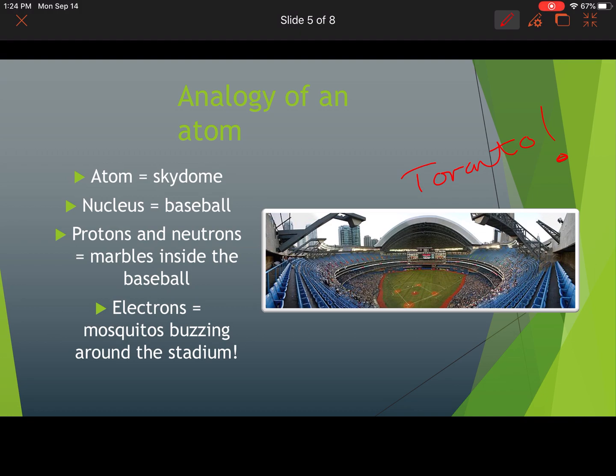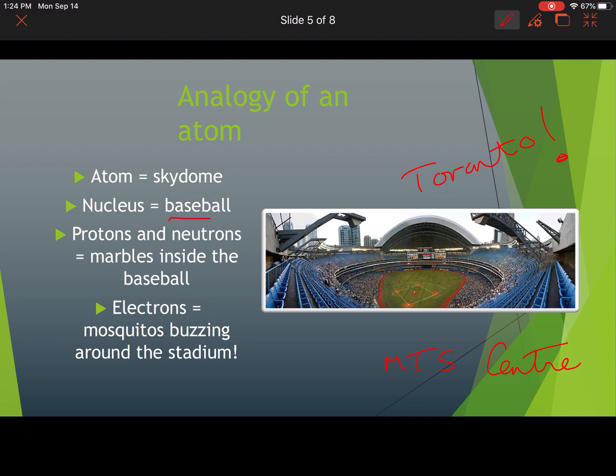So the analogy of an atom, and you can also think of the MTS Center, because most of us here have at some time gone to the MTS Center in Winnipeg. So this would be downtown Winnipeg. So the analogy of the atom, you would think of the atom itself as being as big as the Skydome, so as big as the MTS Center, so just huge, okay? Now, the nucleus is about the size of a baseball inside of that.